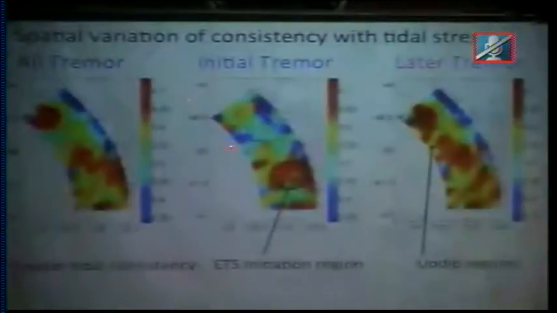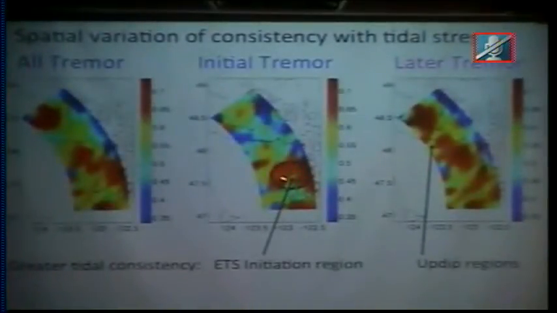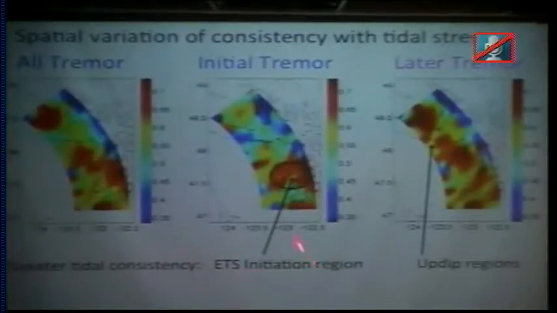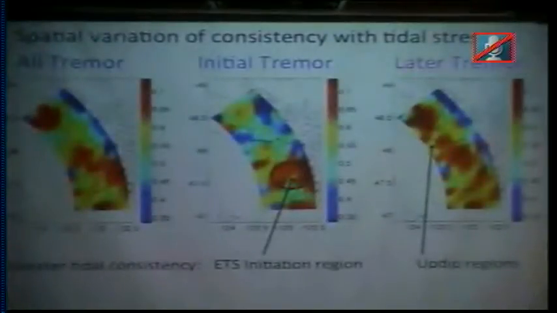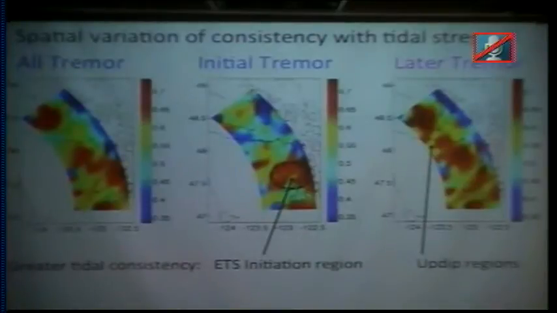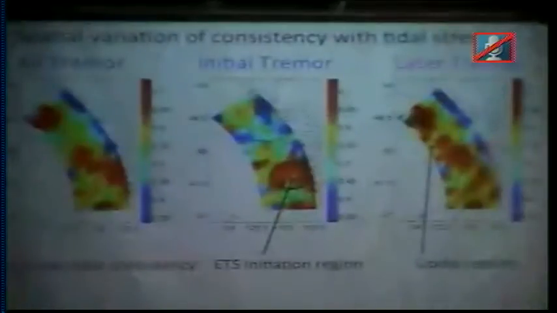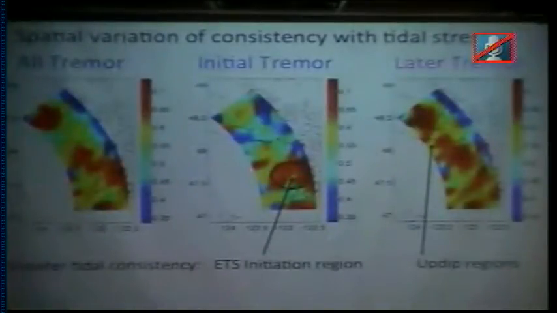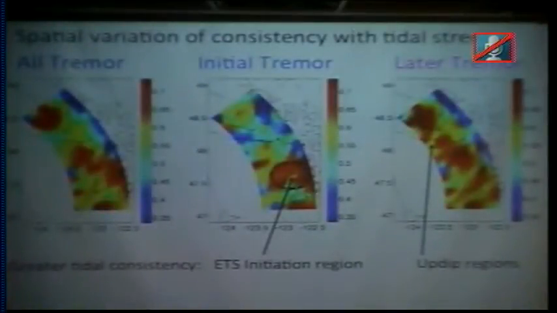And we also see for this initial tremor much less consistency, except in this region, which is a region where 4 of the 6 ETSs initiated. So this is kind of a fine point. In the region where they initiate, we already have some tidal influence going on, because that region was already very close to failure.